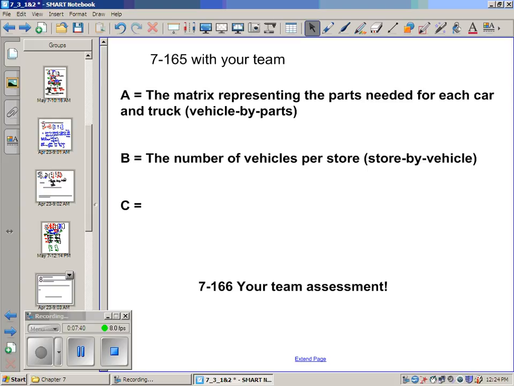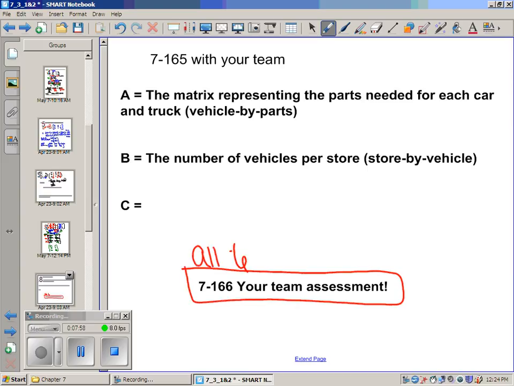So once you do 165, problem 166 is actually going to be your team assessment for the day. It relies on 165. This is the assessment you'll be handing in with all of your team names. And then we have one more problem today. So what I'd like you to do is work through 165 and 166. Then we have one more problem.